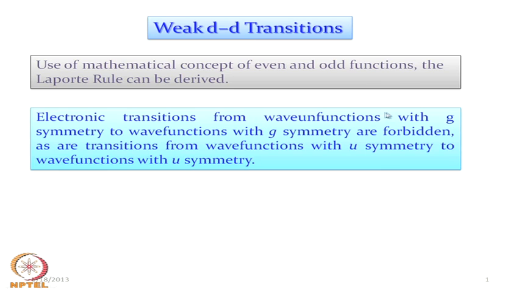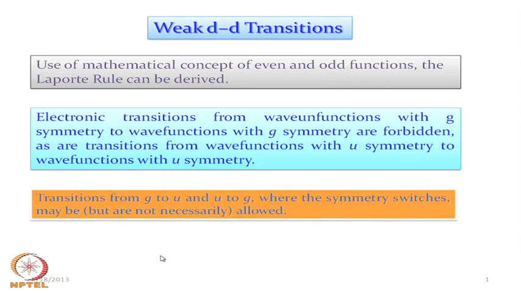That means this transition will not be allowed from T2G to EG. Similarly, T1U symmetry to T2U symmetry will also be forbidden. But the transitions from G to U and U to G, where the symmetry changes, may be, but not necessarily, allowed. So, it can be relaxed only when we have a G to U transition or a U to G transition, which can be allowed to some extent.